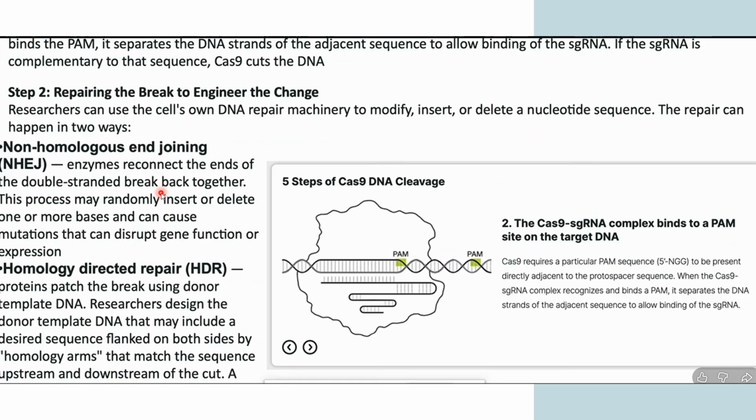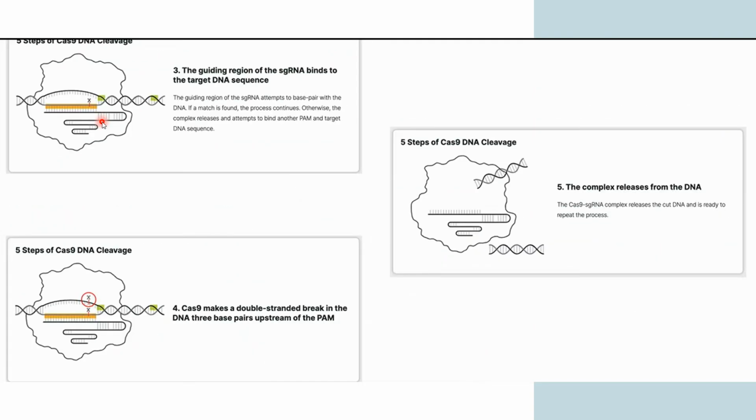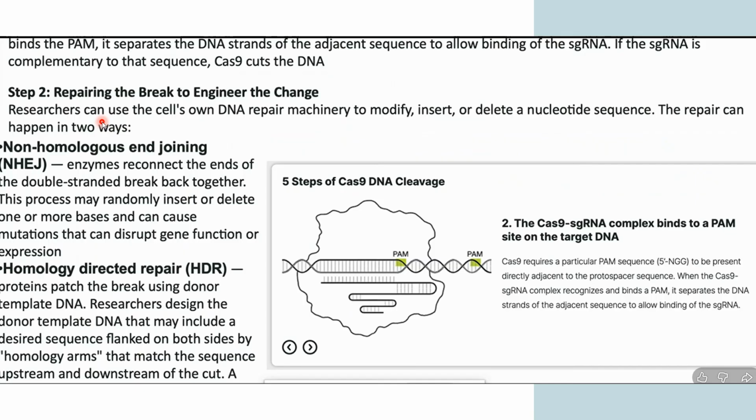Here this is similar to what we have discussed previously, just in an elaborative way. I'm just reading it out, and you can have these slides and go through these things. It is similar to what we have discussed. Step two is repairing the break to engineer the change.